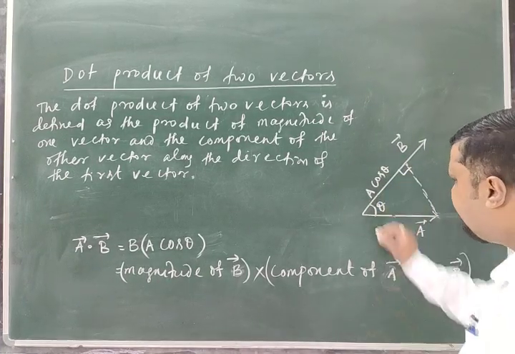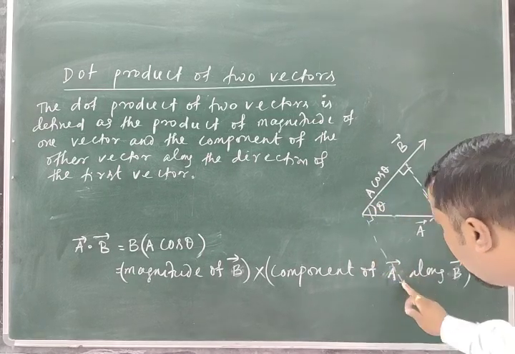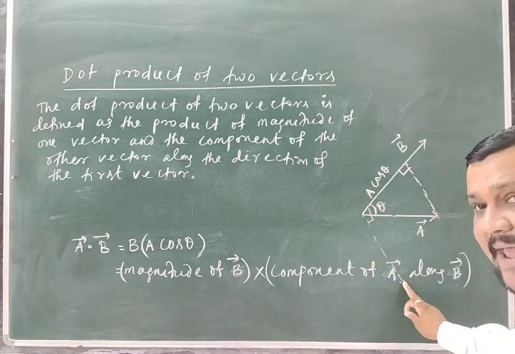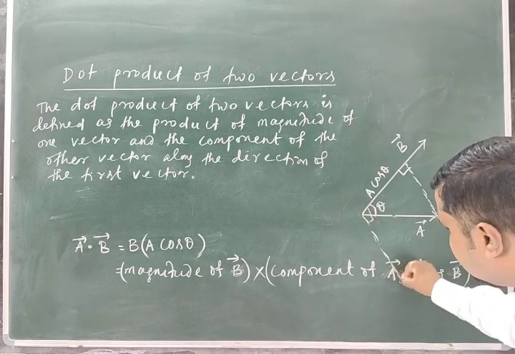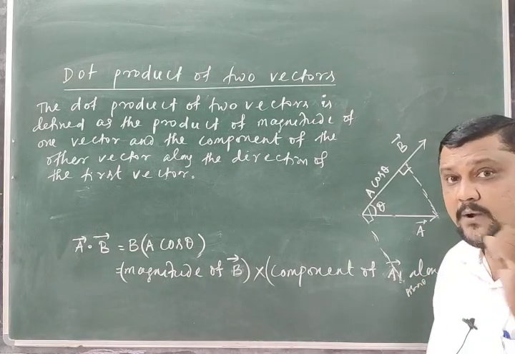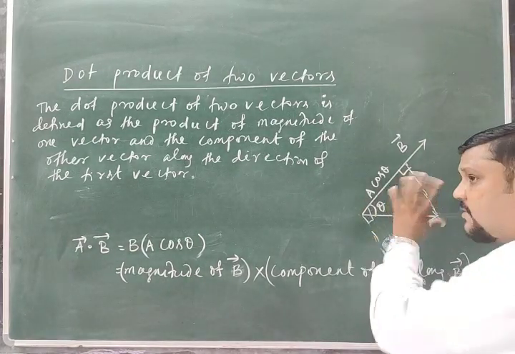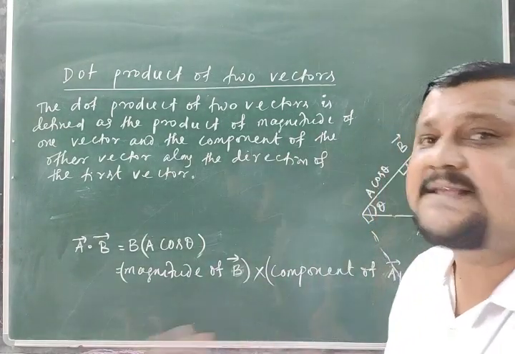And if I draw another perpendicular like this, this will be A sin theta. I already told you this component form is very interesting, and if you play with it, it is much easier for you.